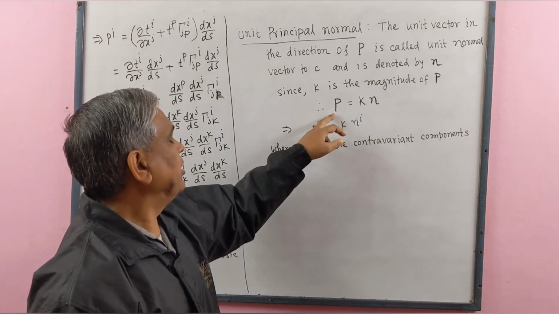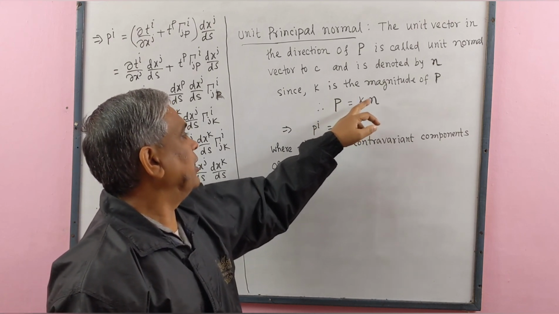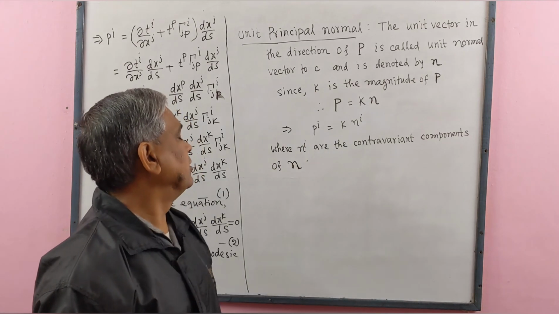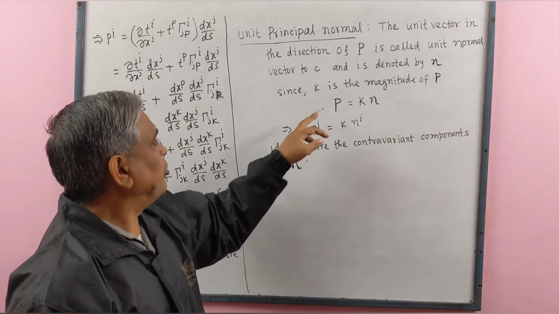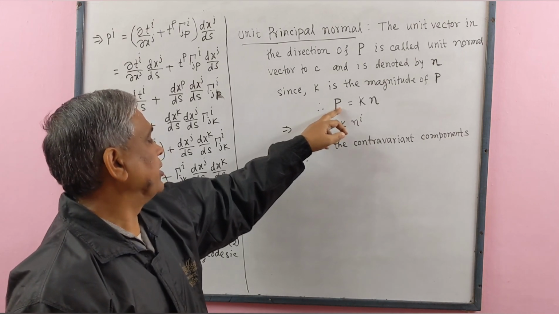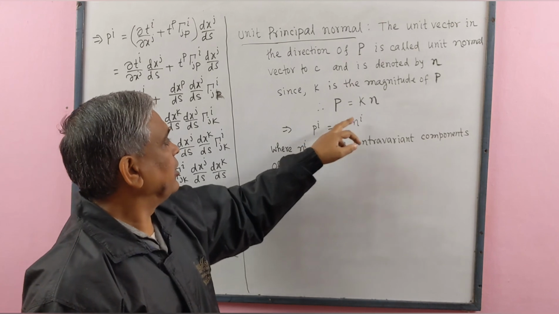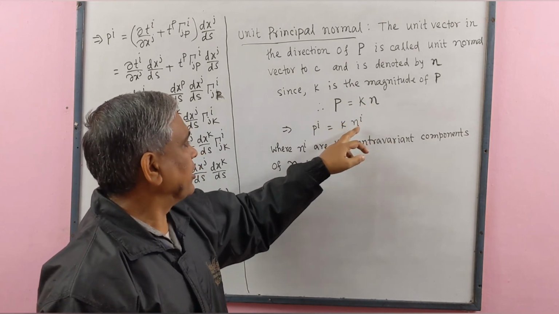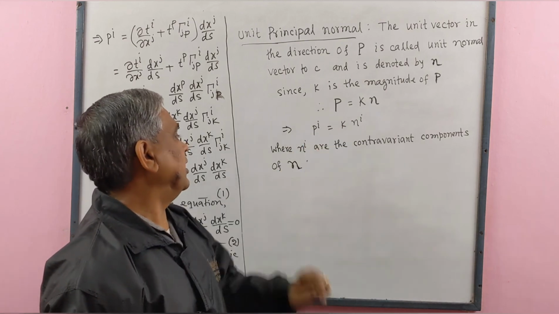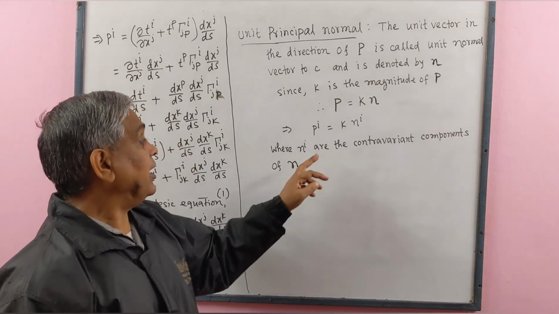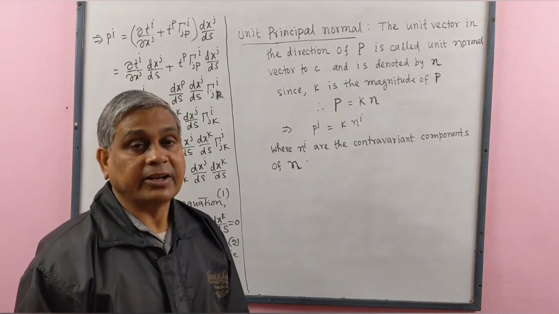This implies that components of P vector is Pi equal to k eta i. Therefore Pi equal to k eta i, where eta i are contravariant components of eta vector.